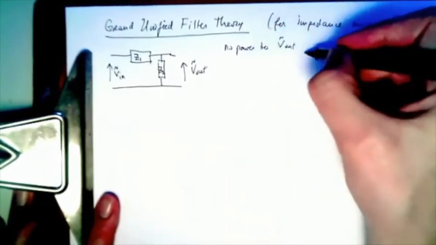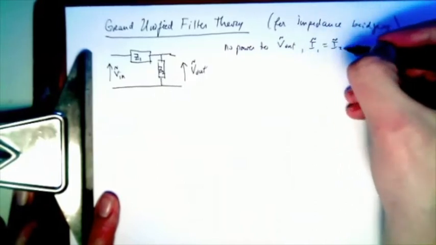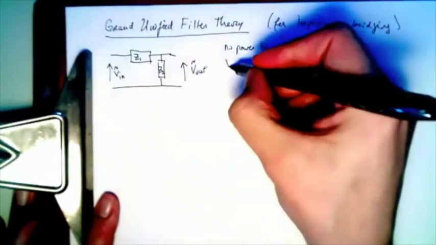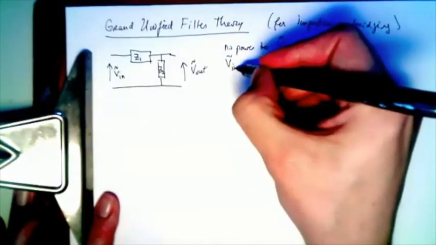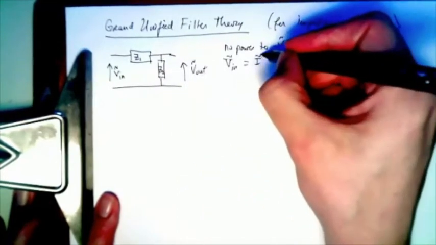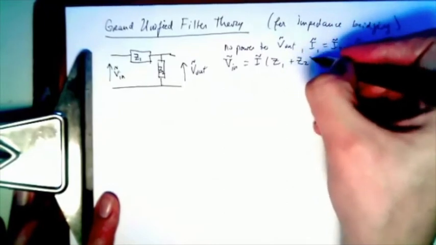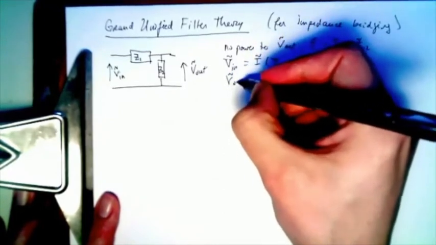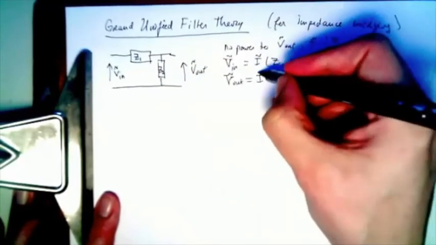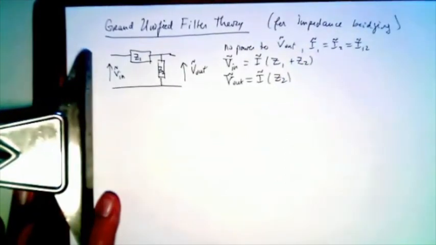So therefore, I1 is I2 is I. V in is applied to both. So it's the current phasor, and these are in series, and V out is developed across that output impedance, which in this case is Z2.